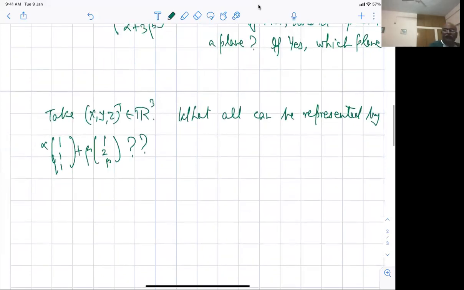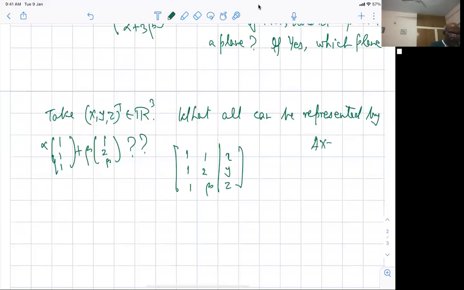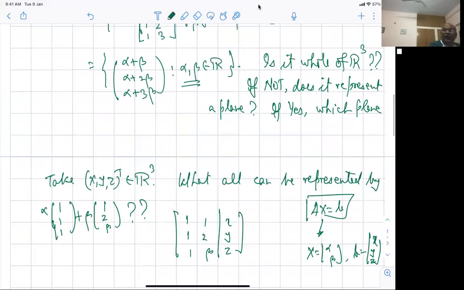So to understand it, we look at (1, 1, 1), (1, 2, 3) and x, y, z. This is the matrix we look at. So basically, we are looking at the system Ax = b, where x for us is (alpha, beta), b is your (x, y, z), and I am varying alpha and beta. It means that I have a solution.